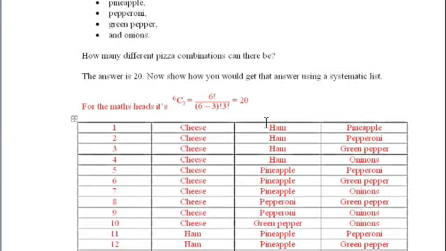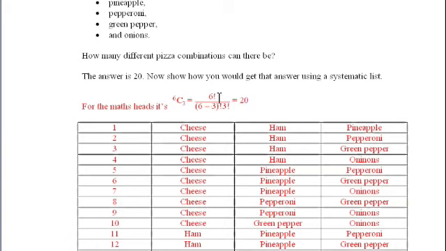So for those of you who are maths heads, mums and dads, it's just a simple combination... I can never say that word. A simple selection question, and the formula, if you've got nCr, is n factorial over (n minus r) factorial times r factorial.